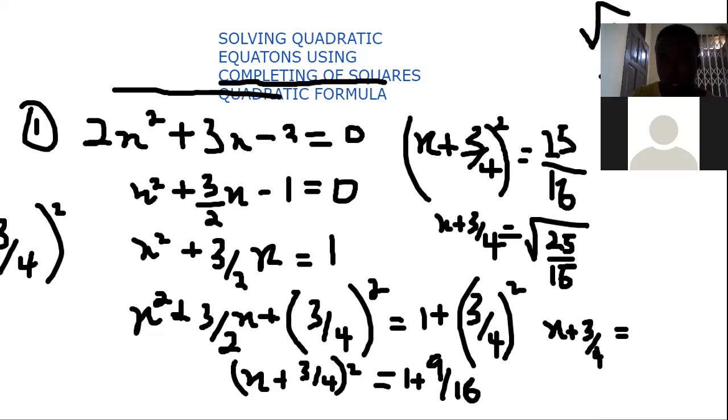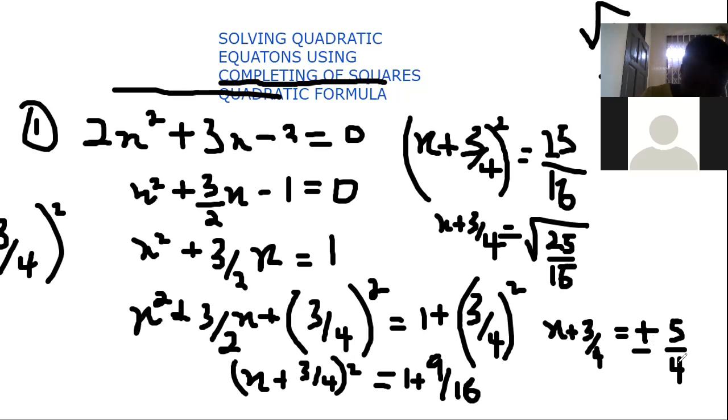So this one is equal to plus or minus root 25 over 16, which is the same as 5 all over 4. So you have x plus 3 all over 4 is equal to plus or minus 5 all over 4.